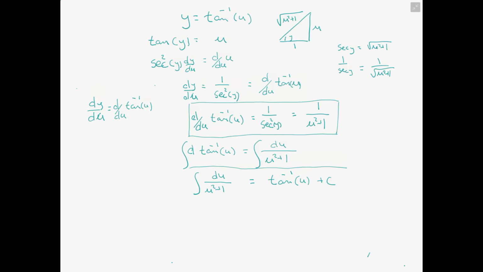We got du over u squared plus 1 is equal to arctangent of u plus c. And that's our answer.